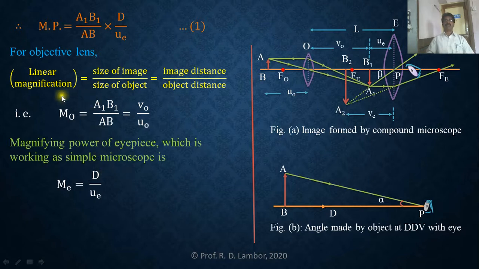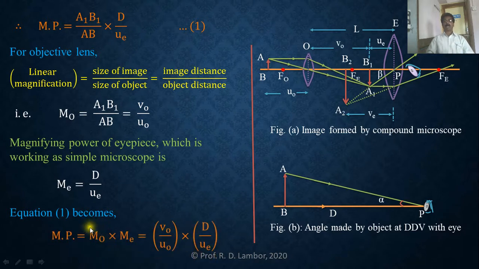Now we can substitute the value of magnification for the objective and magnifying power for the eyepiece in equation 1. So equation 1 becomes, see here, the magnifying power of the compound microscope is the magnifying power of the objective multiplied by the magnifying power of the eyepiece, which is equal to VO upon UO multiplied by D upon UE. Here for this formula we are using Cartesian sign convention.